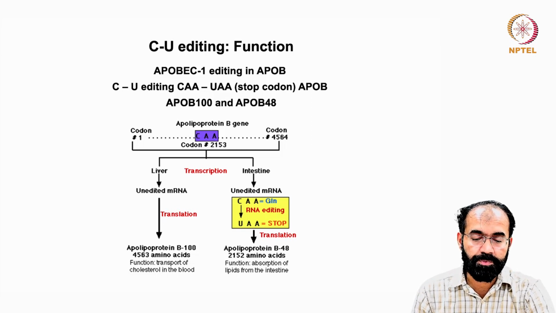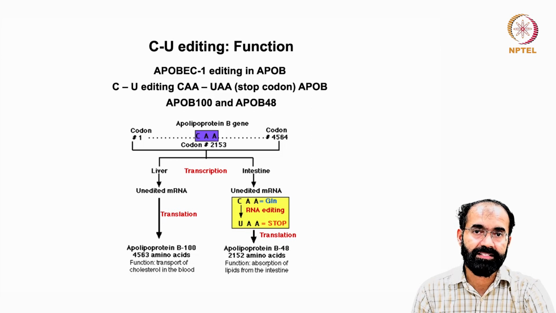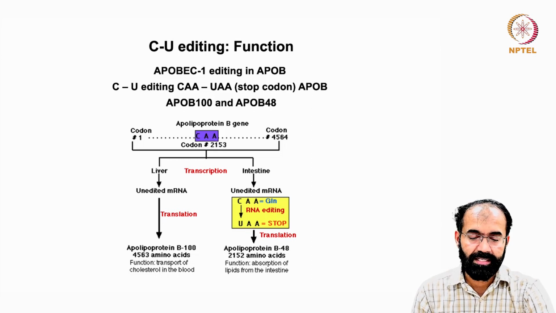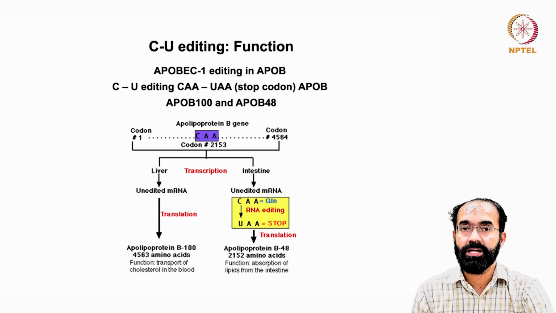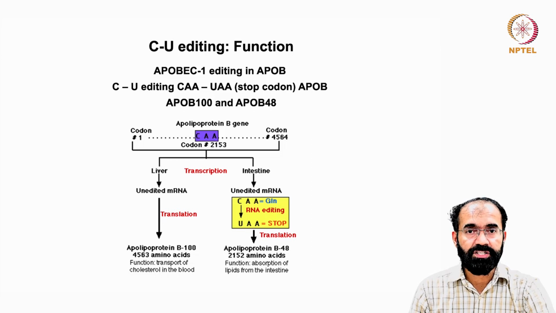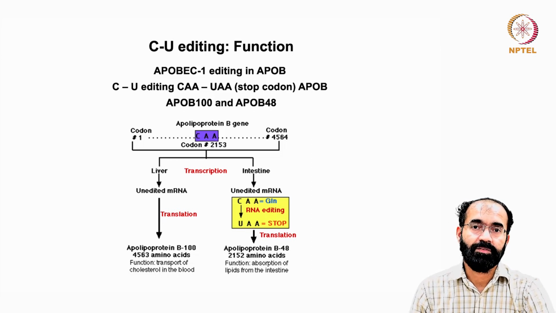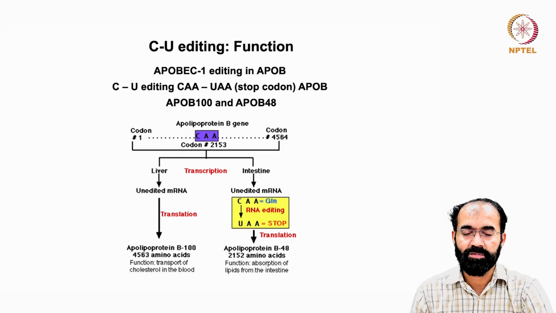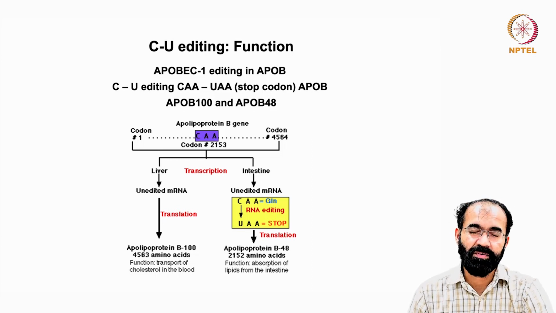It functions in the absorption of lipids from the intestine, which is quite handy because the intestine is a place where the food you take in should be absorbed effectively. So in both tissues, liver and intestine, one derivative is full length, another is a truncated version, and both have an effective function.